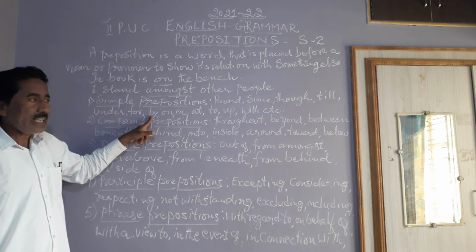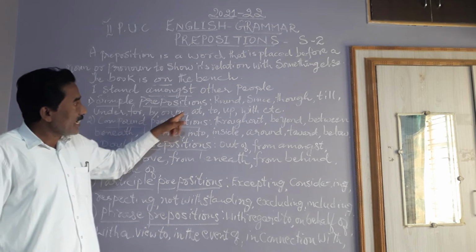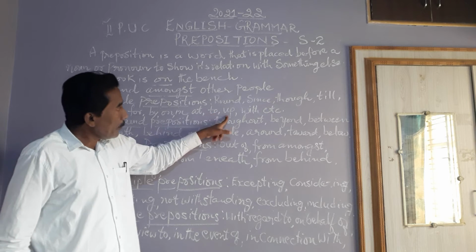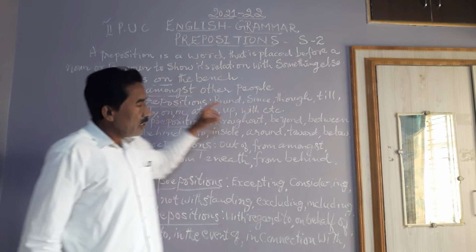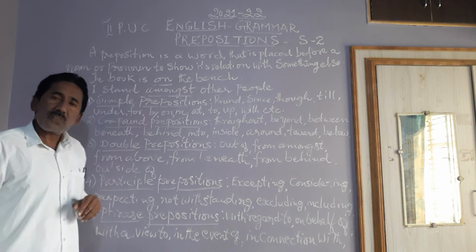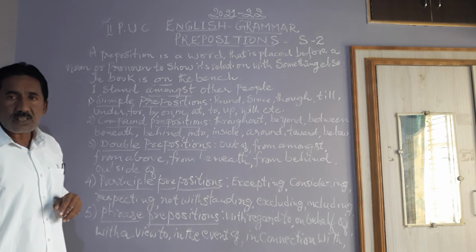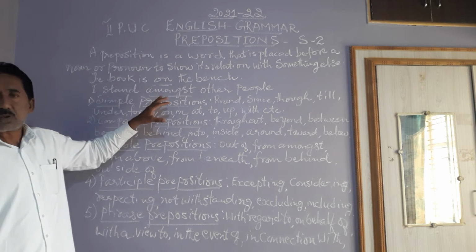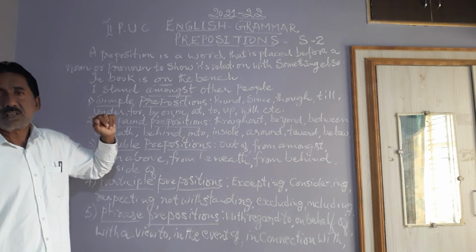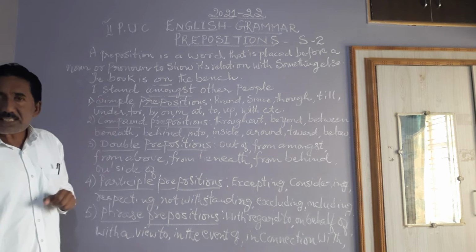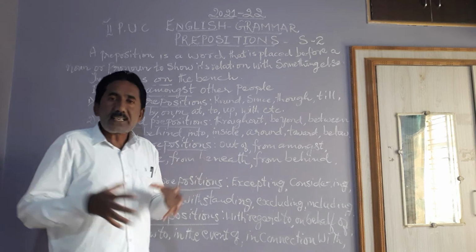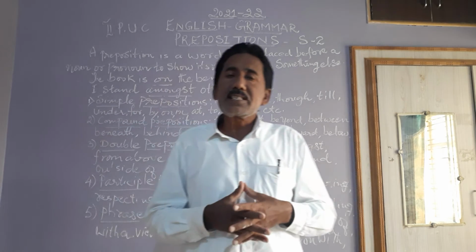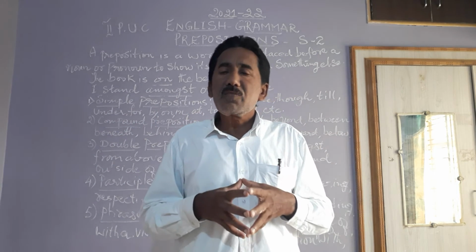For, by, on, in, at, to, up, with, etc. So these are some of the important examples of simple prepositions. When you read lessons, you come across all these words in the given, outlined, earmarked sentences.